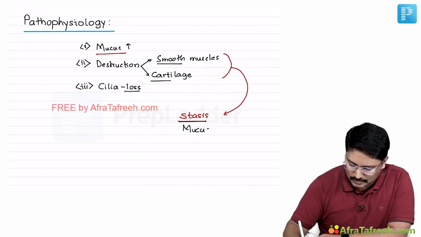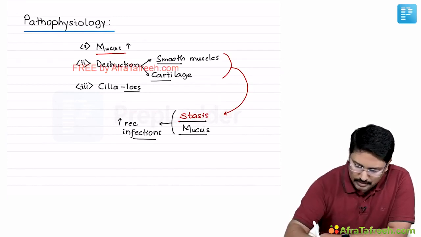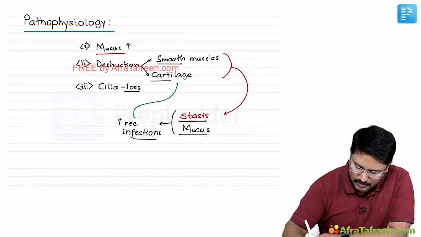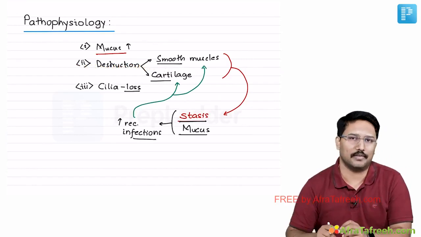Now, whenever there is stasis, the infection risk obviously is going to increase. So there is increased risk of recurrent infections. Now, these infections will indeed contribute to the destruction of the smooth muscles and the cartilage. So the patient is now stuck in a vicious cycle. Right.